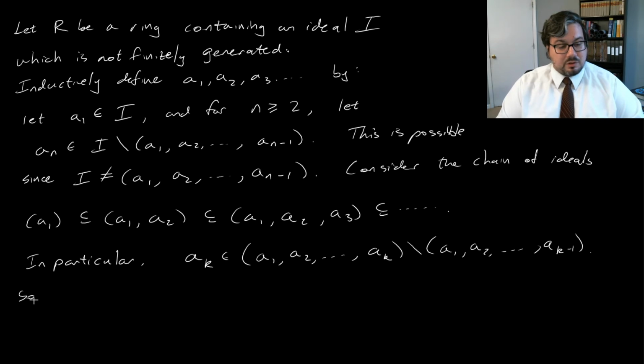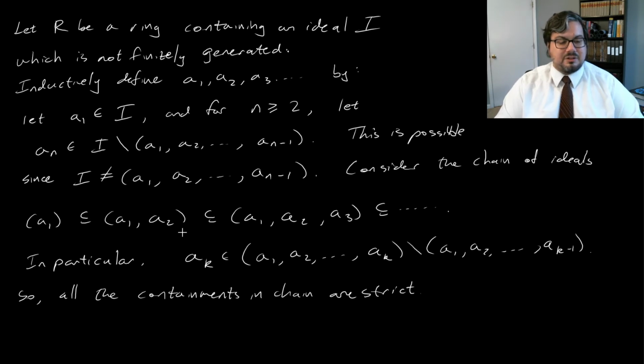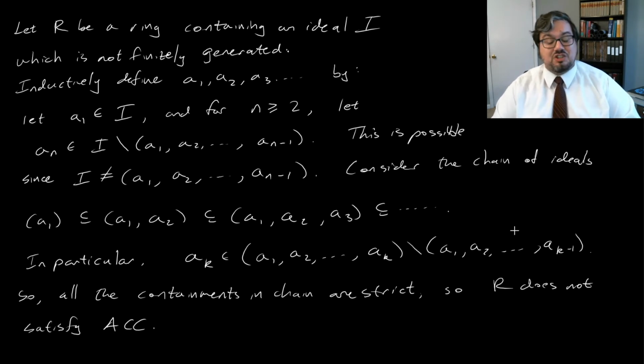So that means that all the containments in the chain are strict. They're not just containments, they're strict containments. And so that means that R does not satisfy the ascending chain condition because this chain of ideals will never stabilize. So by definition, that means that R is not Noetherian.